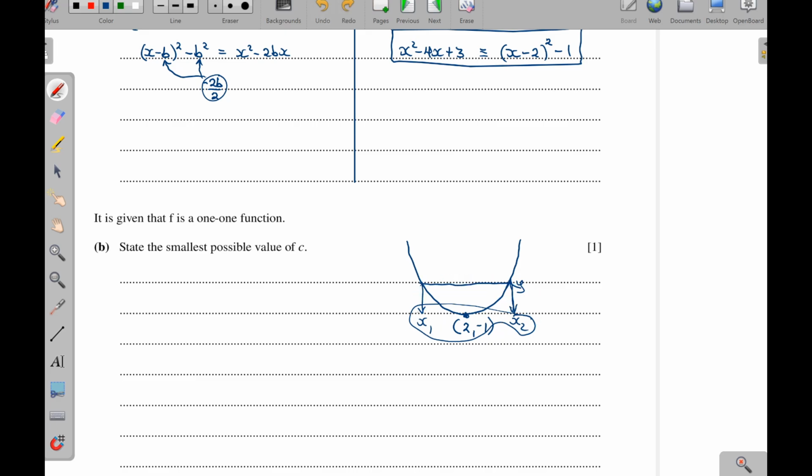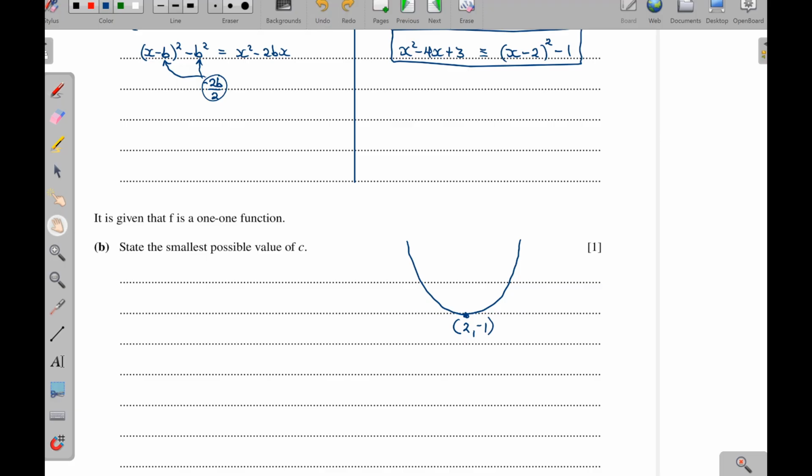So that one cannot have an inverse. So a function is said to have an inverse only if it is 1 to 1. That means to make this function 1 to 1, we need to either choose the left side of the turning point or the right side of the turning point.